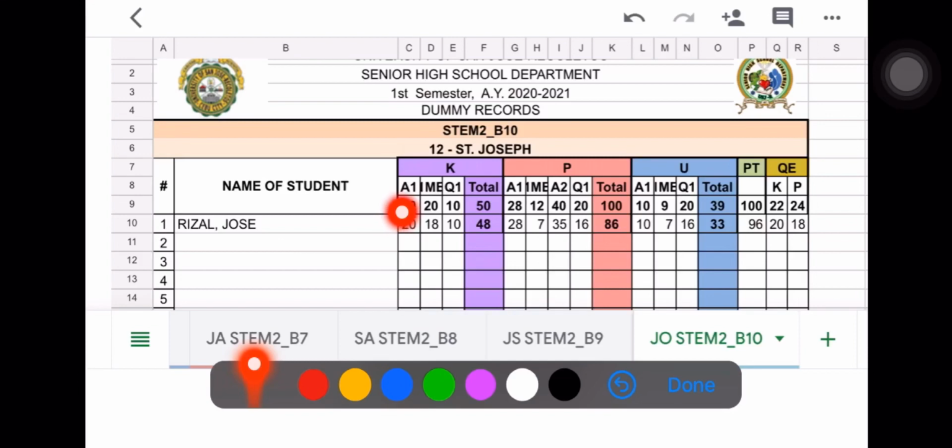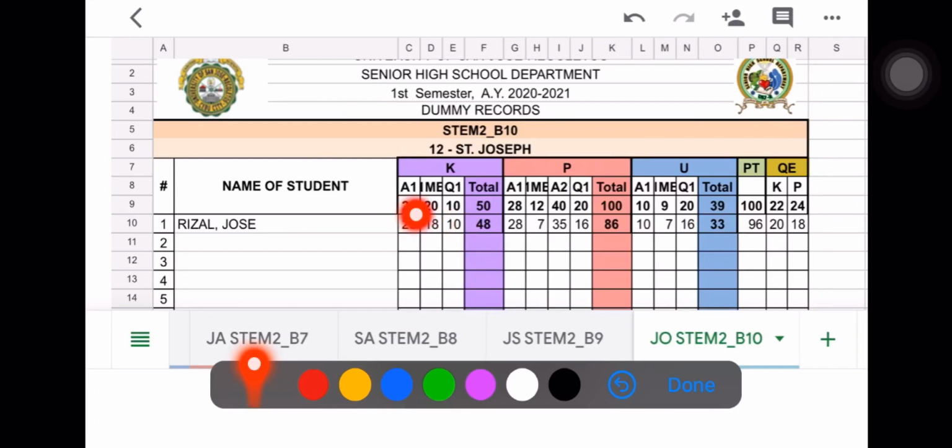So these are the different names of our activities. For activity 1, that's A1, you have a total score of 20. For knowledge, this is for the knowledge. For the 1ME, that's for the first monthly exam in knowledge, and the total score is also 20. And another item there is Q1, that is for quiz 1, and the total score of that is 10.